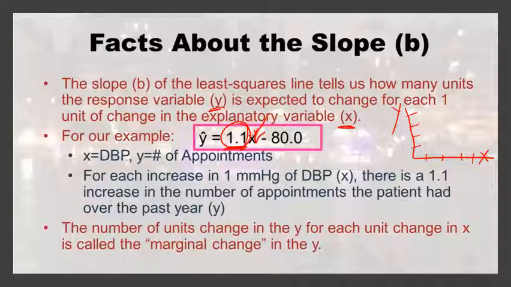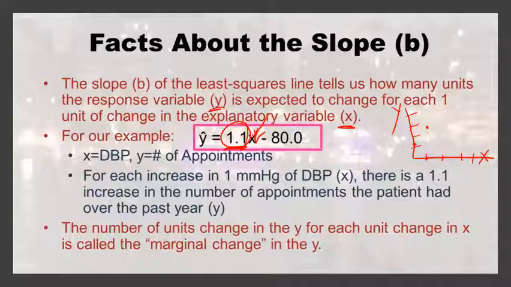So how does that play out? Let's see. We're going to start from here, at 1.1 on the y-axis. So let's say when it moves over 1 on the x, it's going to go up 1.1 more on the y.